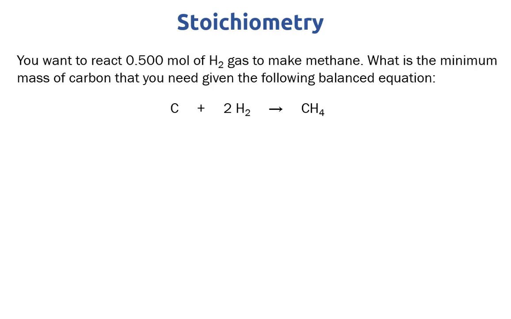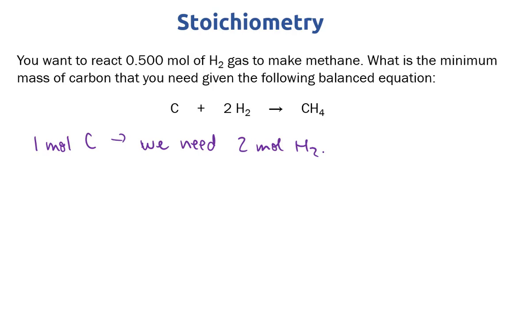Since we have that 1:2 ratio, it tells us that if we have 1 mole of carbon, we need 2 moles of H2. Or vice versa, if we have 2 moles of H2, we need 1 mole of carbon.